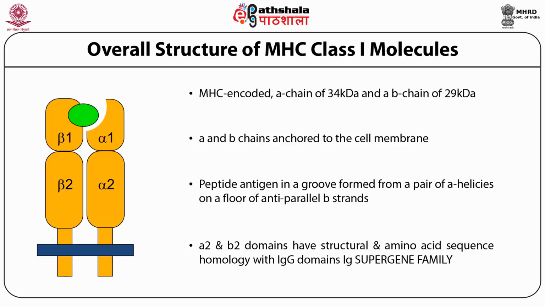I already told you the class 1 molecule recognizes only 10 amino acids, whereas the class 2 molecule recognizes 15 to 20 amino acids, and they are very highly flexible. The class 1 molecule is not flexible. It always wants 10 amino acids, whereas the class 2 molecule always wants 15 to 20 amino acid length.